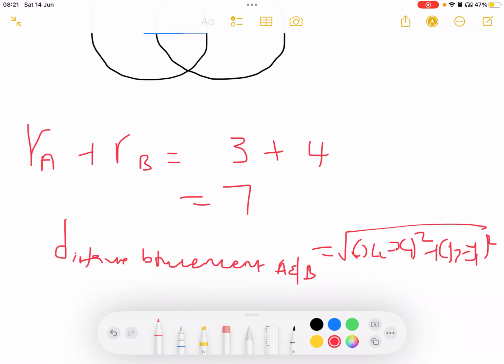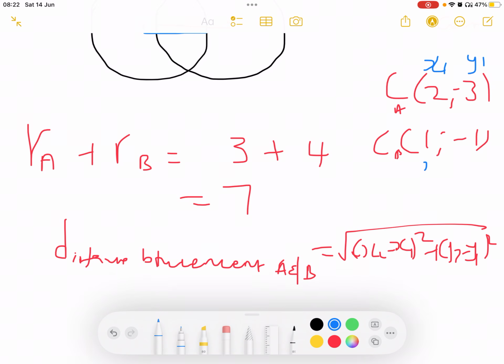Now we have a center B (1, −1) and center A being (2, 3), and we can label them x1, y1, x2, y2.